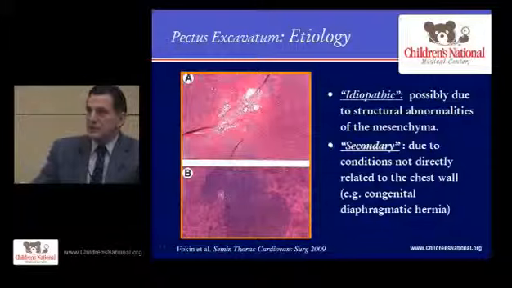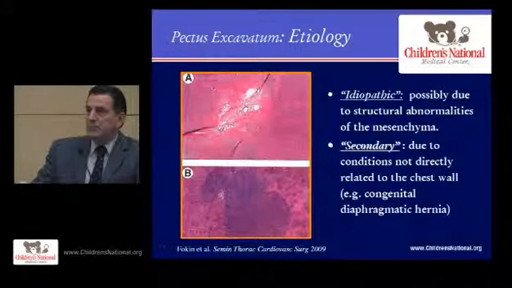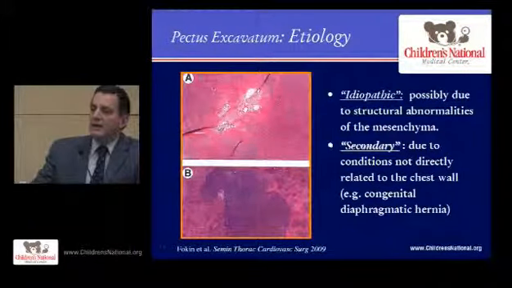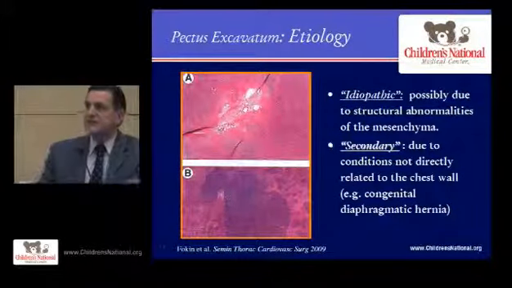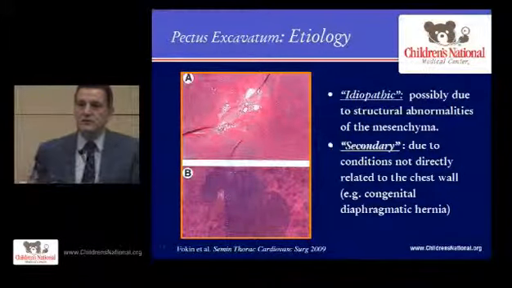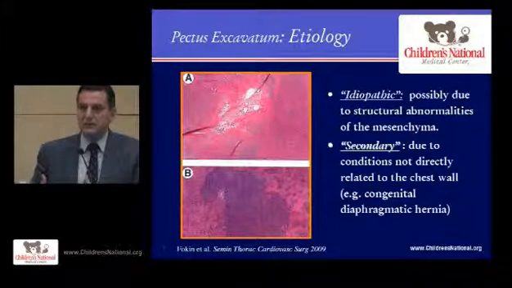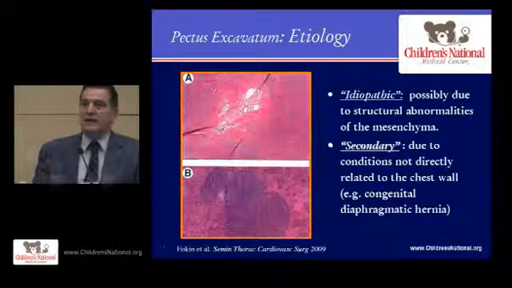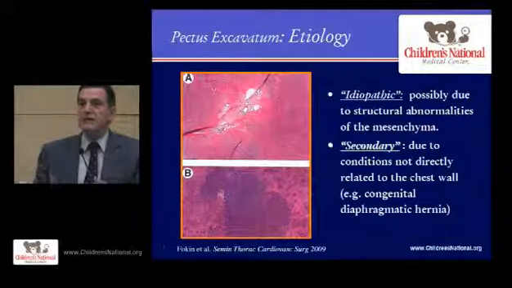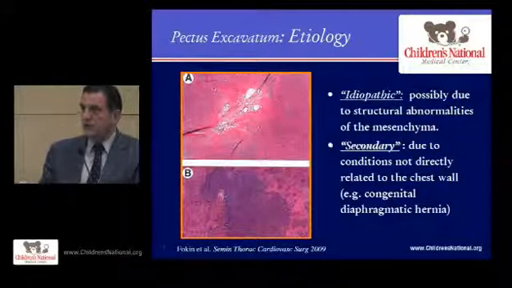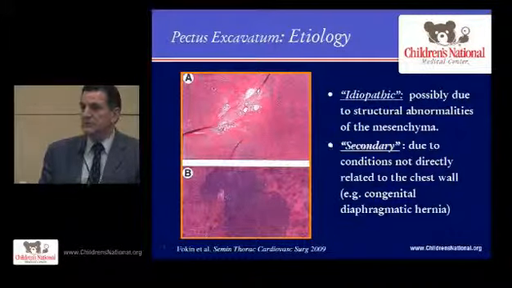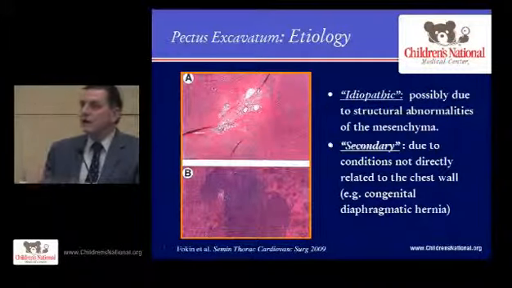And then you have the secondary pectus, which is the result of abnormal conditions, essentially anything that is going to cause asymmetry inside your rib cage, like hypoplastic lung, or diaphragmatic hernia that is associated with hypoplastic lung.